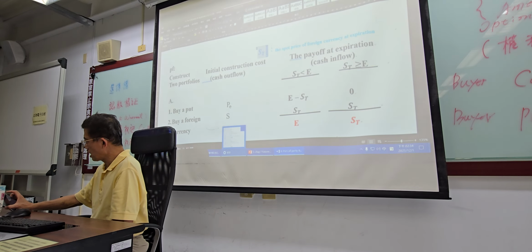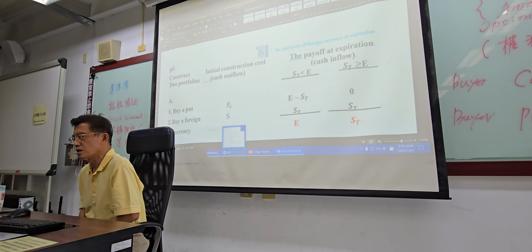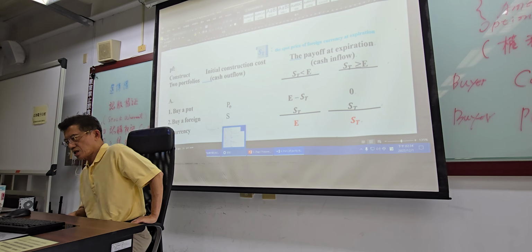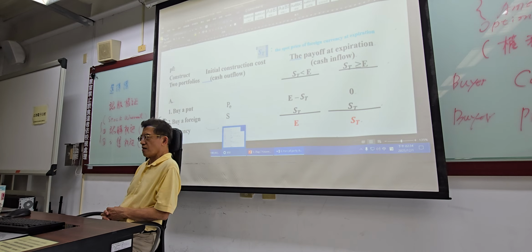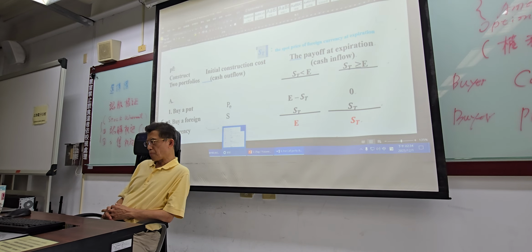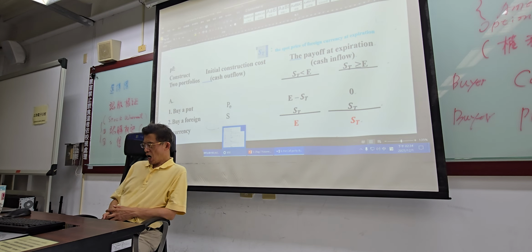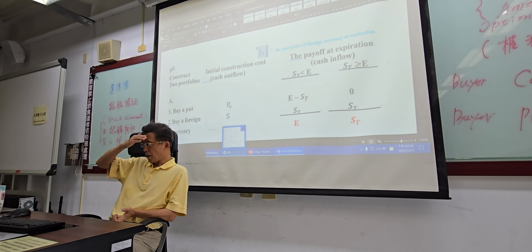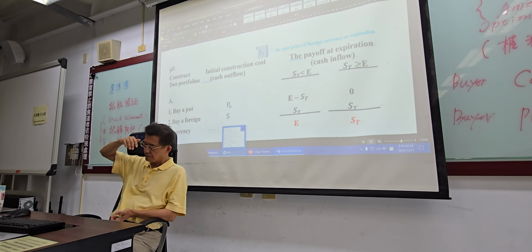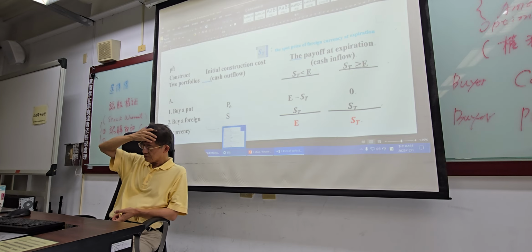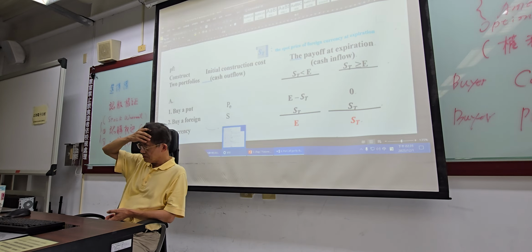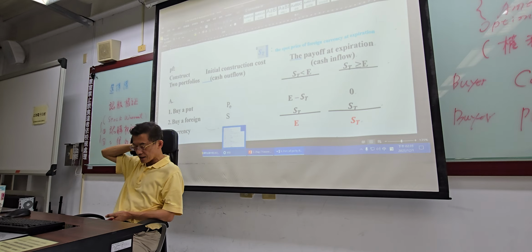What is capital S sub capital T? We denote it as the spot price of the foreign currency at its valuation, at the expiration.